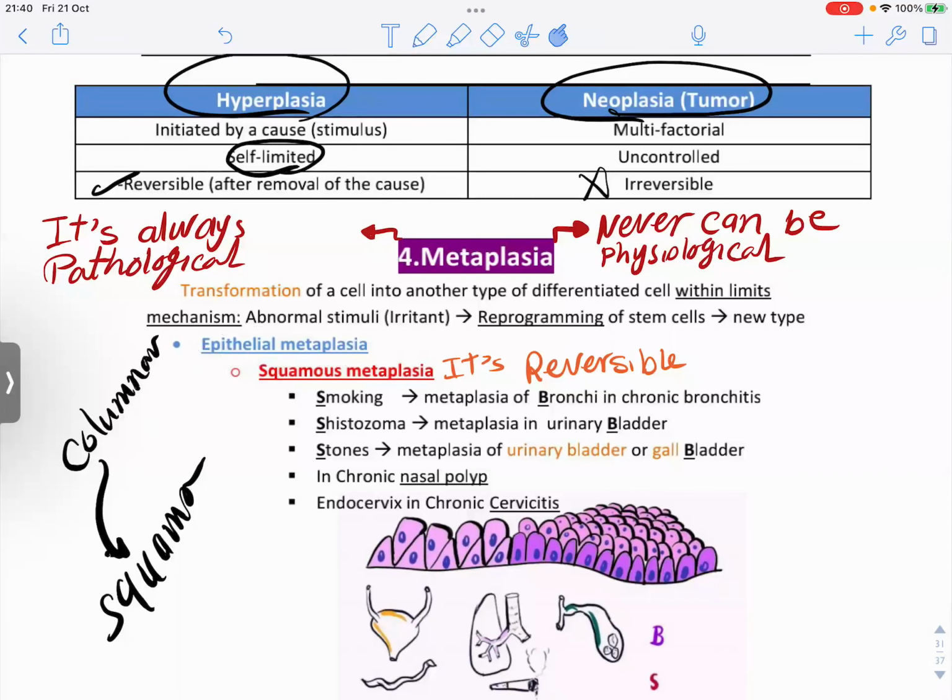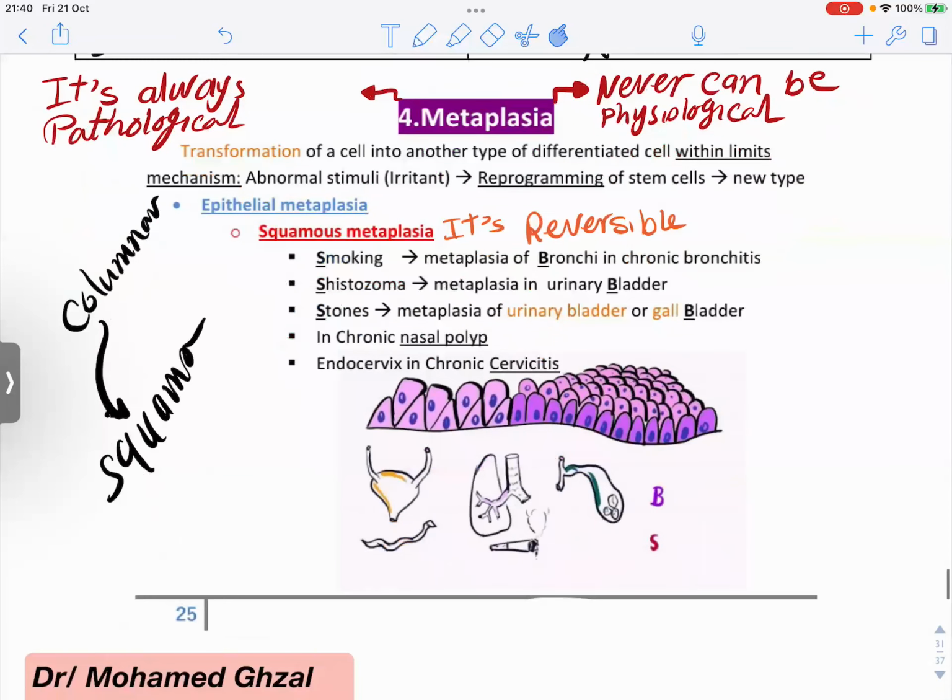Here we have squamous metaplasia, and please remember, when I say squamous metaplasia, it means that some type of tissue which is not squamous transforms into squamous.